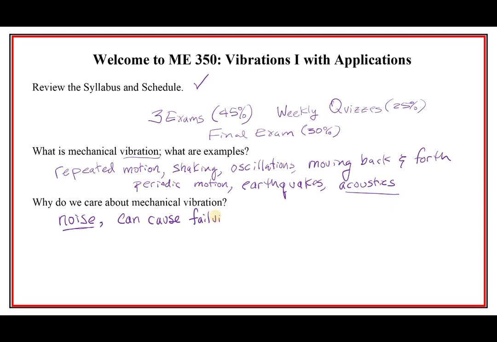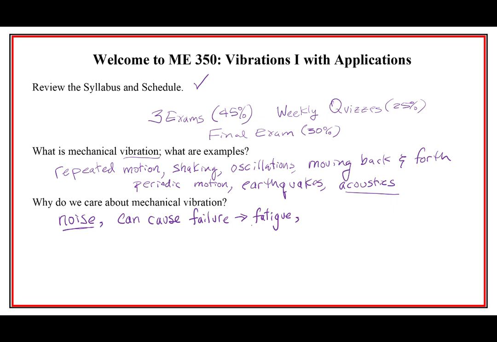But you can also cause failure in different parts. Especially, we'll see in ME350, if you happen to take that as a mechanical engineer, there's often going to be a fatigue type of thing. But also, if you land on the magical natural frequency of a part, the excitation from some source can hit and go in sync with the part and cause excessive motion that can make the thing fail a lot quicker.